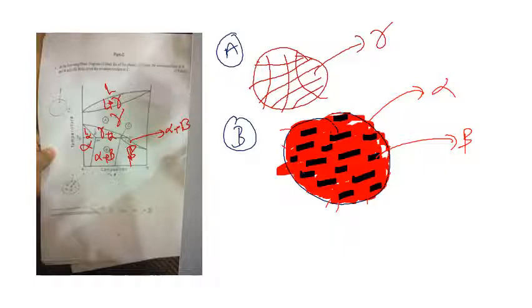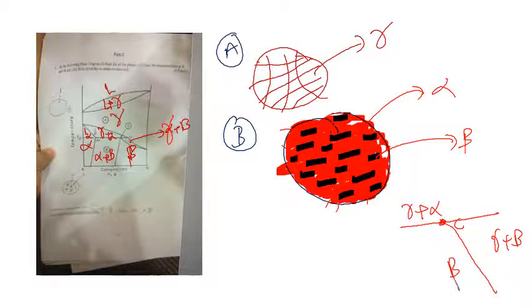Let me draw. This is point C. Here is gamma plus alpha, and here is gamma plus beta. Sorry, and here is beta, and this is alpha plus beta.